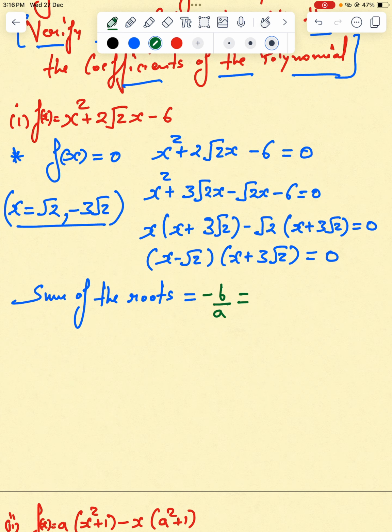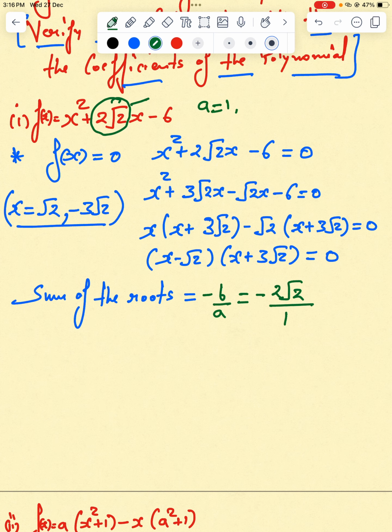So what is minus b? b means coefficient of x, which is 2 root 2, positive 2 root 2. Minus is natural and a is 1.